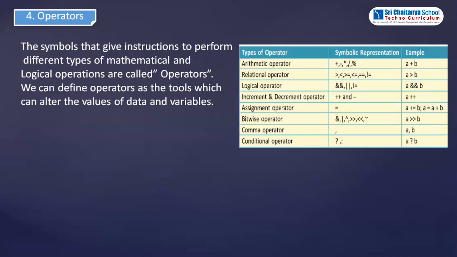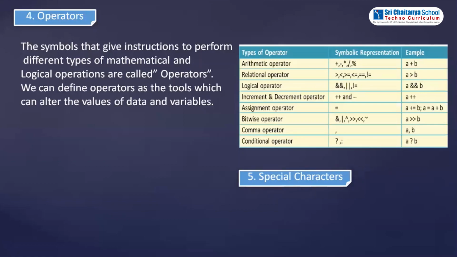For example, if I say a greater than b, and then after the question mark I define the values, it means if a is greater than b and the condition is true, then the value next to the question mark will be printed, and the value next to the colon will be printed whenever my condition becomes false.